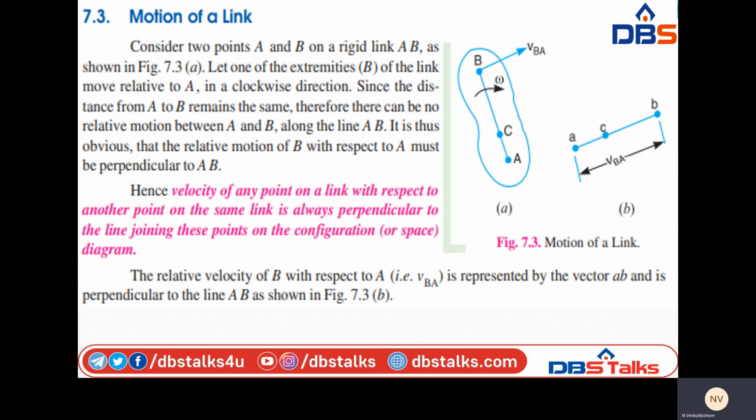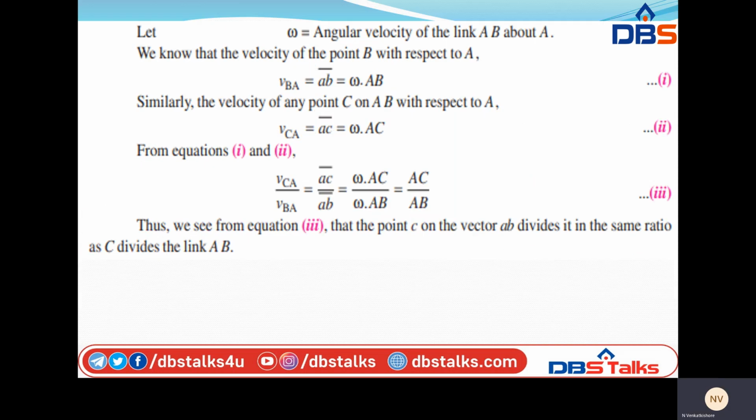So the relative velocity of B with respect to A, that is VBA, is represented by the vector small ab, and it is perpendicular to the line capital AB, which was shown in the second diagram. So let us consider the angular velocity omega for the link AB about A. We know the velocity of the point B with respect to A, VBA, is equal to, what is the formula?